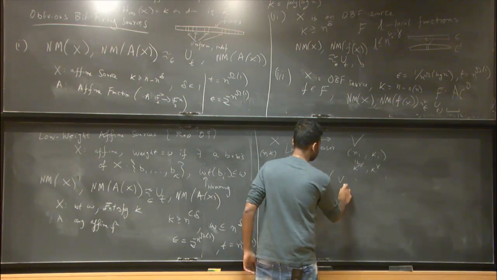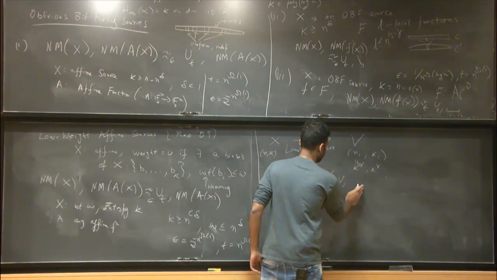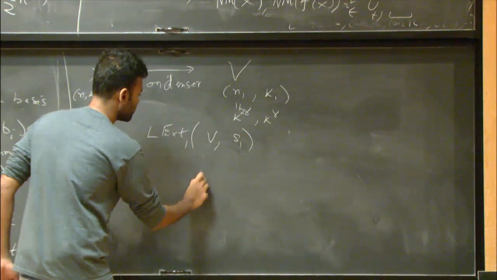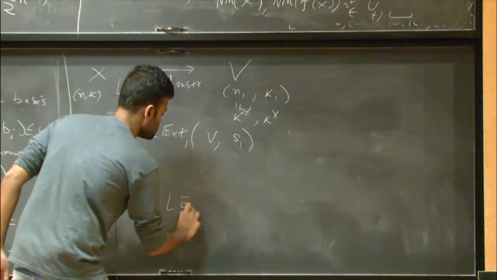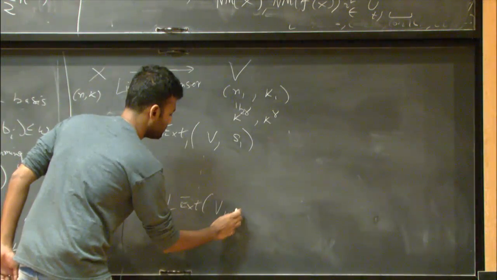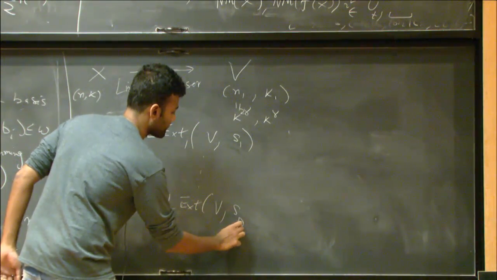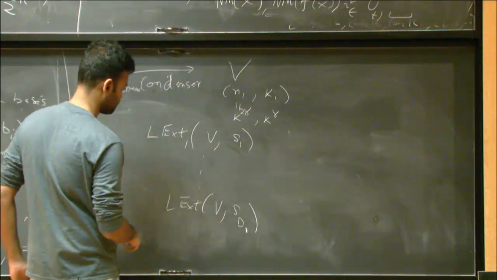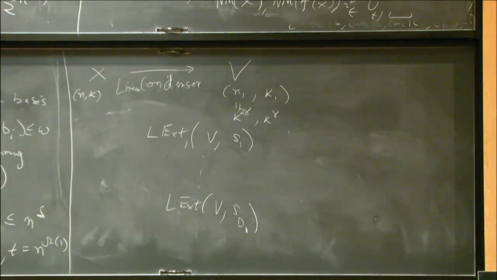So pick a linear seeded extractor and run it over all the seeds. So just a second, before, the condenser does not have to be non-malleable in any way whatsoever. No, that plays no role.